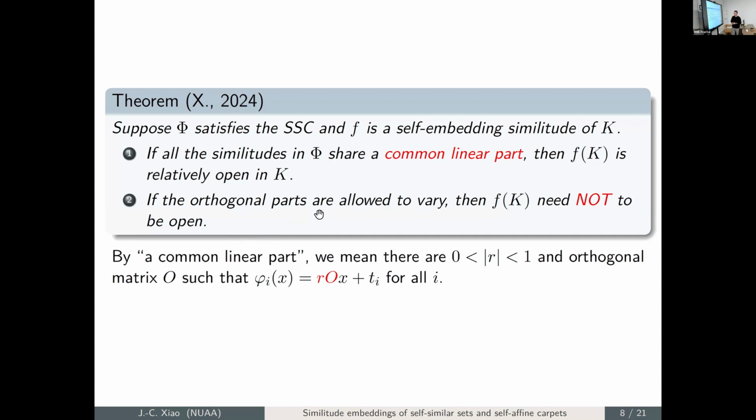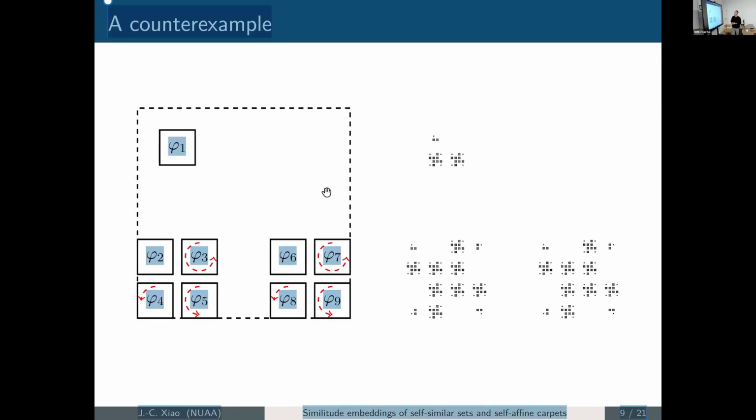And let me give you an illustration of the counterexample. Here, my system consists of 9 mappings, and all of them have the same contraction ratio, which I cannot remember explicitly, but maybe 1/6. Here we have an island, and here we have these 4, and on the right corner we have these 4.